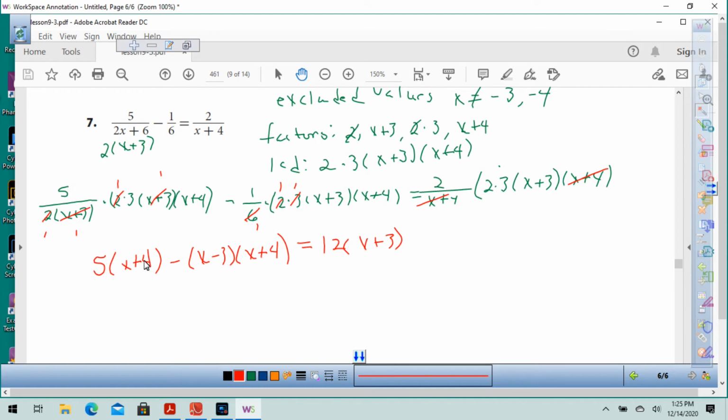Now let's do the distributive property. You got 5x plus 4 minus x squared minus 3x plus 4x, that's going to be plus x, and minus 12 equals 12x plus 36.